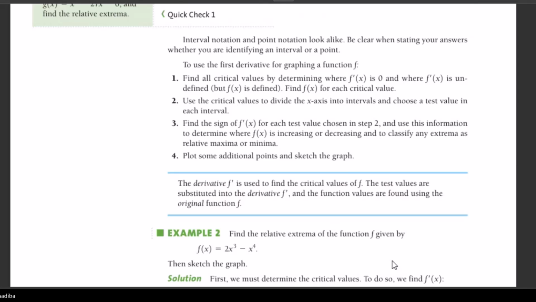According to my understanding, 6x squared and 4x cubed are not in ascending order, so I derived it again and got 12x minus 12x squared, and then I equated it to 0 again. I don't know if I'm correct. Lizzie, what did you do? I derived this equation again, the second one. Why?